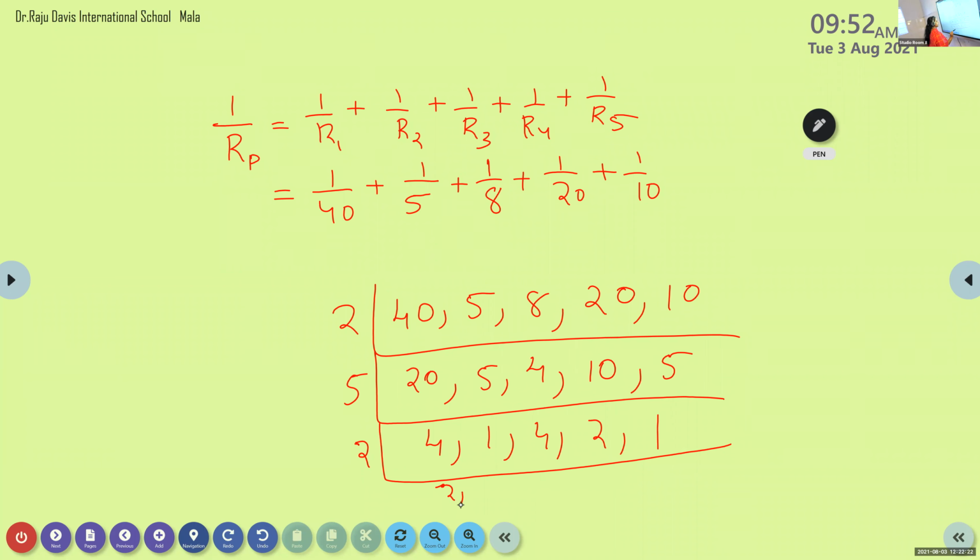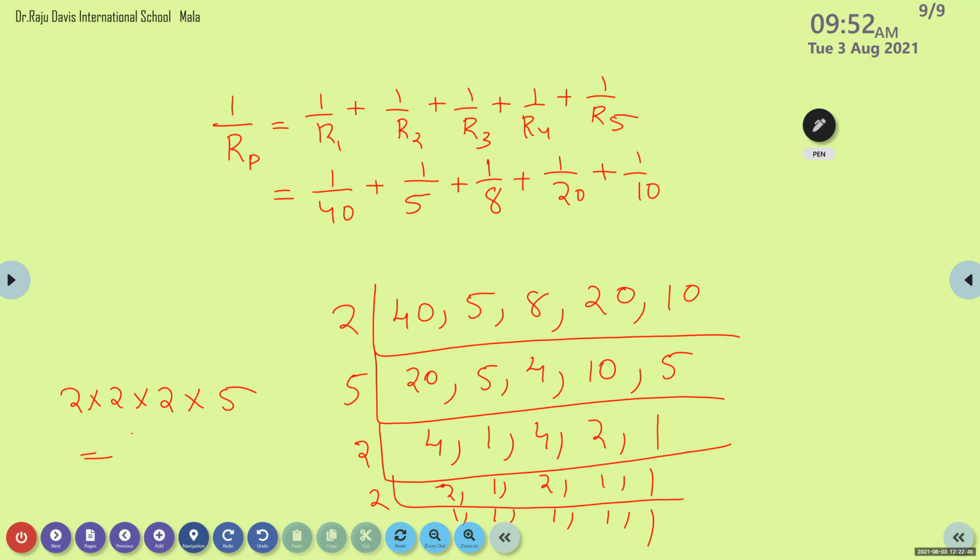It becomes 2, 1, 2, 1, 1. Again one more 2: 1, 1, 1, 1, 1. So what is the LCM here? 2 into 2 into 2, three 2s, into 5. What is the LCM? 40.